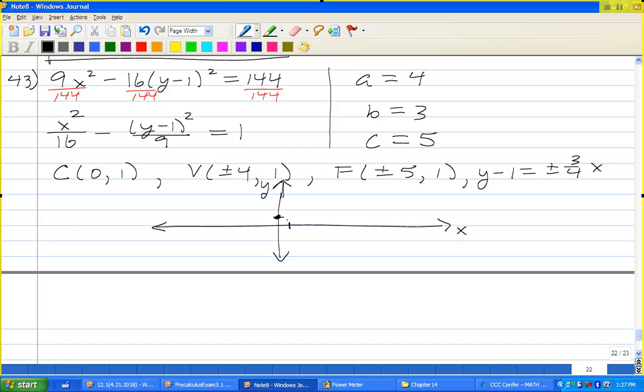You go 4 in the x direction, and you go 3 in the y direction.